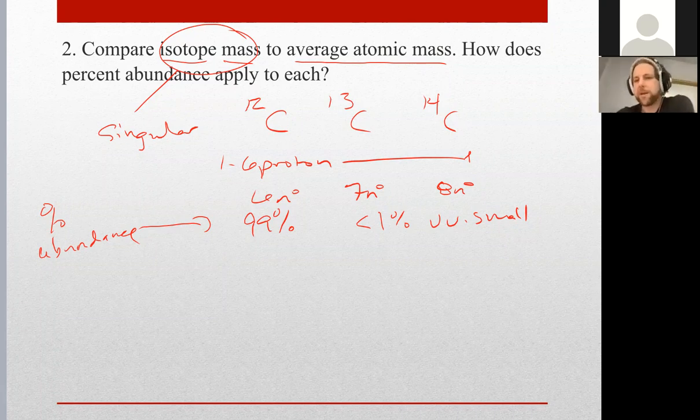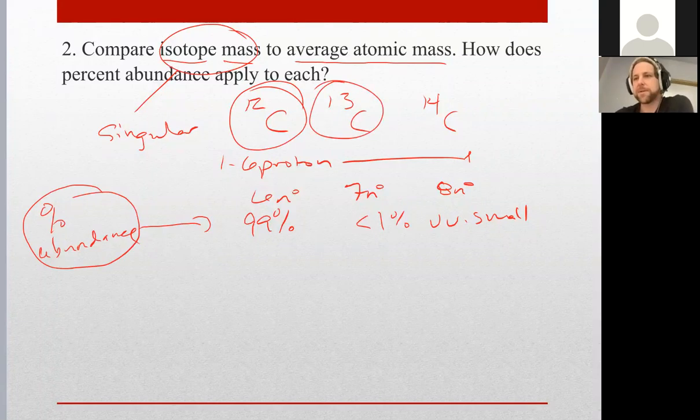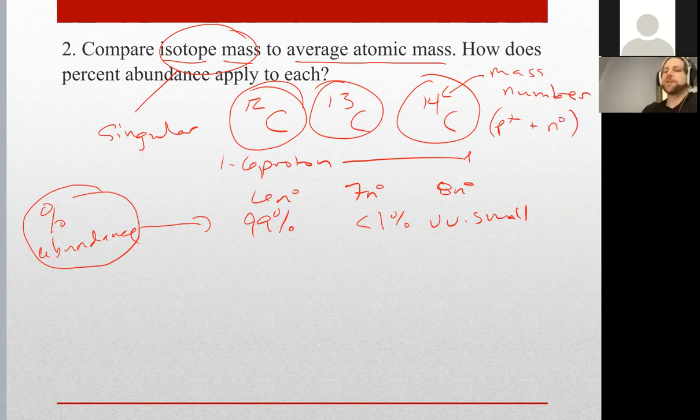We're going to take the percent abundance and their mass numbers. This 14 is more appropriately called a mass number, which is just protons plus neutrons. We combine the percent abundance with the mass number to get an average atomic mass.